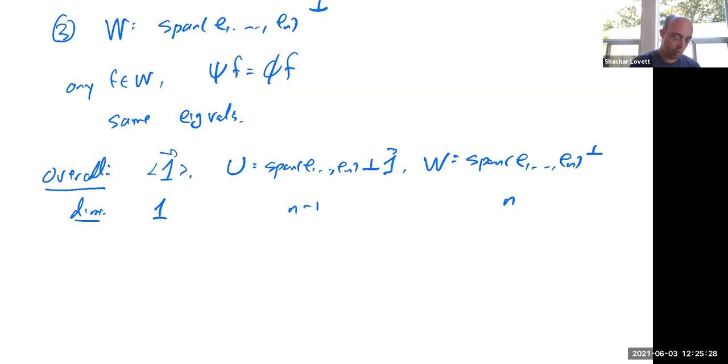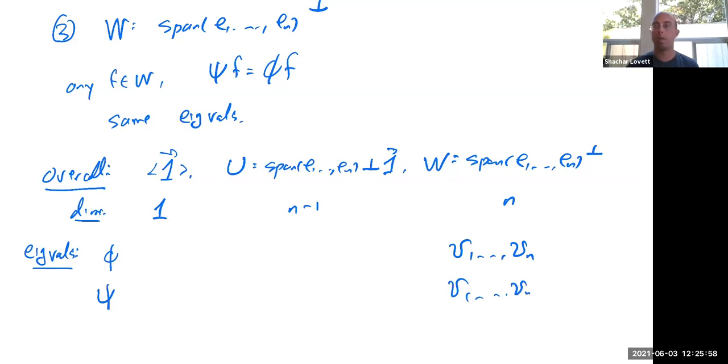So what are going to be the eigenvalues? Well, this last one we don't know. It's something. So for phi and psi, because they act the same on the space, they're going to be the same thing. This is lambda 1, so let's call it something else, mu. So for phi, it's going to be some mu1 up to mu n, some eigenvalues, and the same for psi, because they act in exactly the same way on the space.